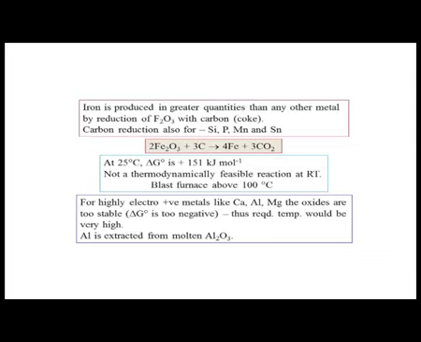But in this particular case, we follow the reaction at room temperature. Our room temperature is 25 degrees centigrade, and at that temperature the corresponding delta G0 is plus 151 kilojoule per mole. So, the reaction is not at all a good reaction, if at all it goes to the right hand side, because it is not thermodynamically feasible. Forget about its kinetic rate, how quickly we generate this Fe from Fe2O3.